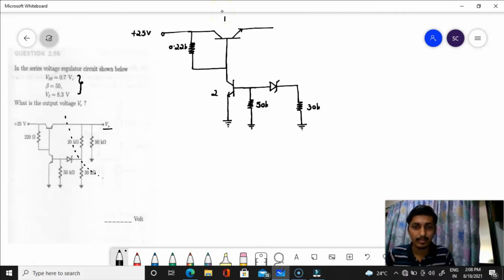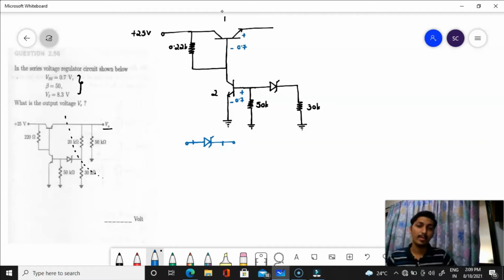I will first check whether the Zener is operating in the breakdown region or not. This is our P terminal, this is our N terminal, plus or minus 0.7 volt.